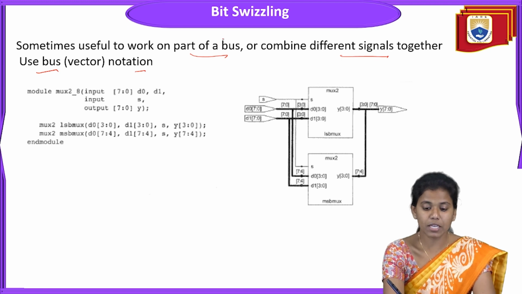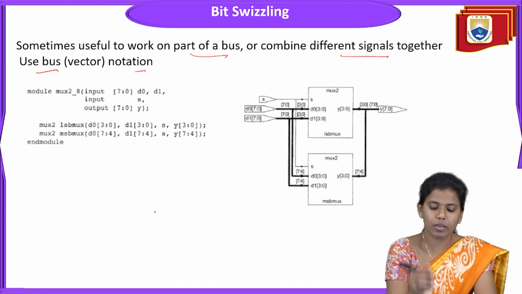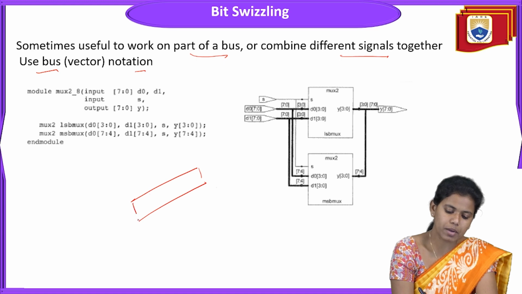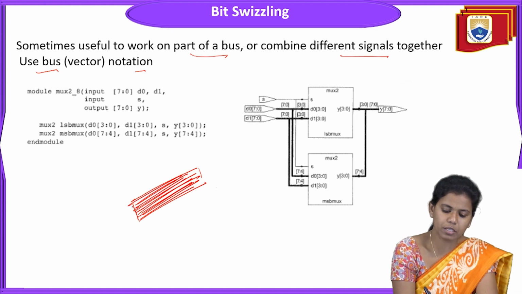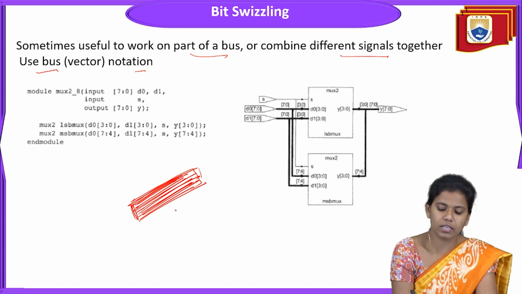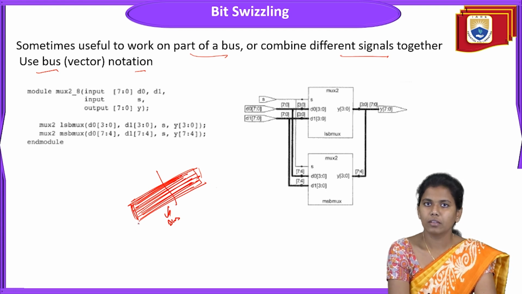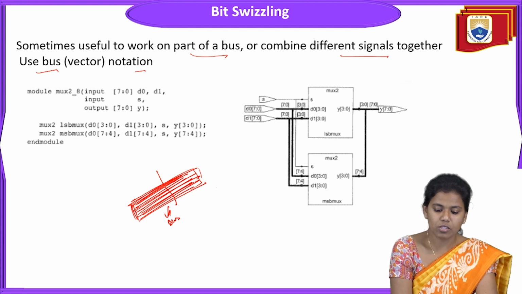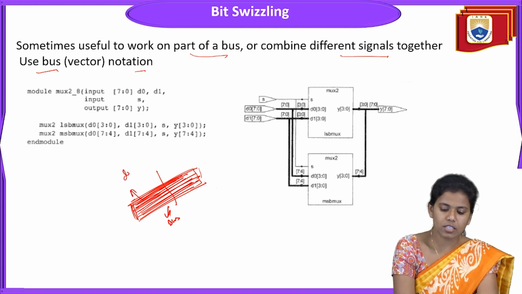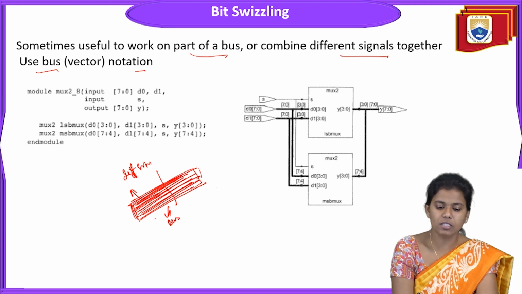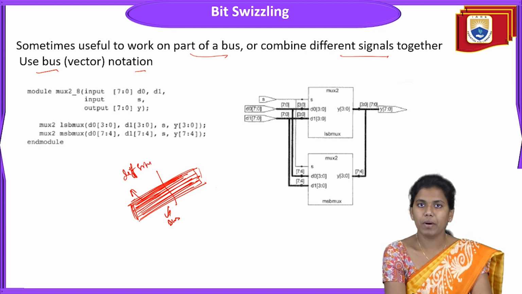A bus consists of a number of wires which carry the information or the data. Multiple lines of wires are accumulated together; that is the bus. So here, it is useful for some part of a bus, or to combine different signals together using bus notation.